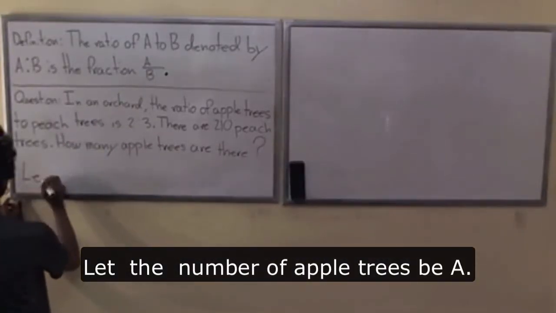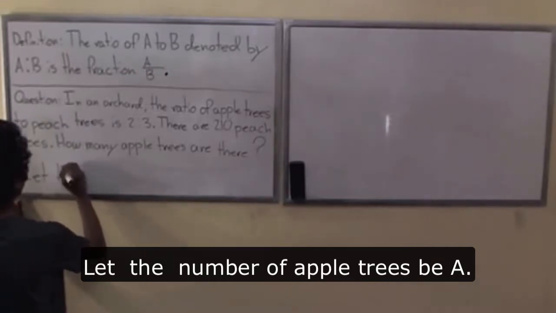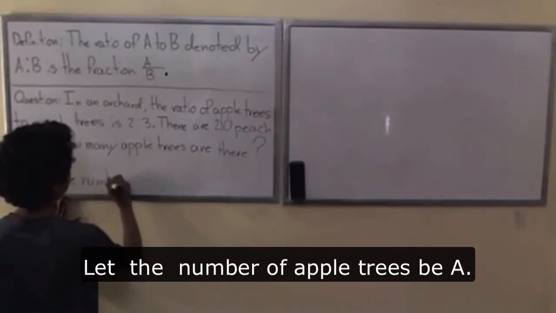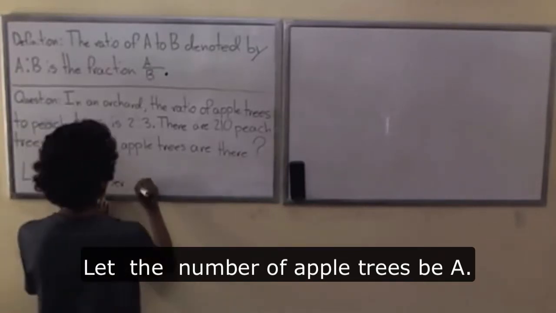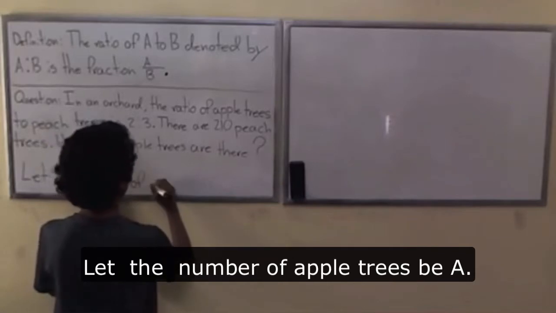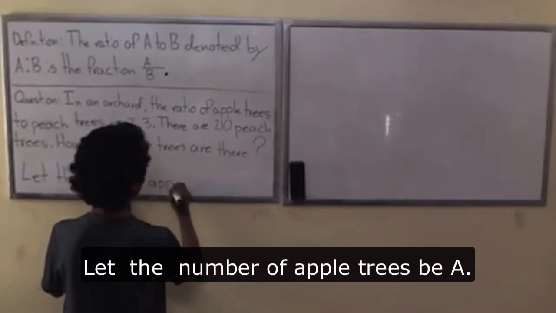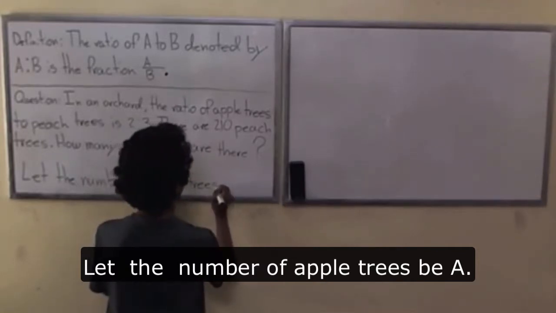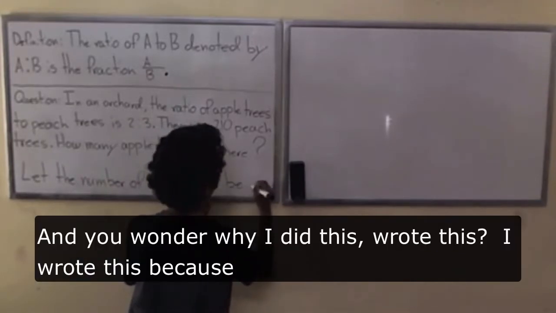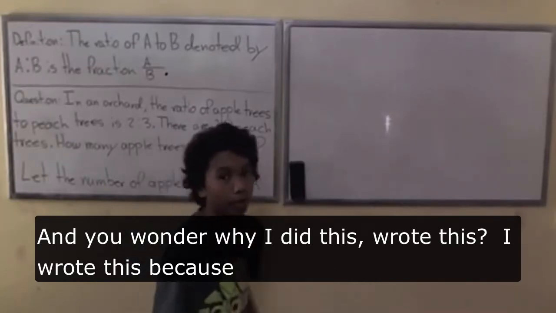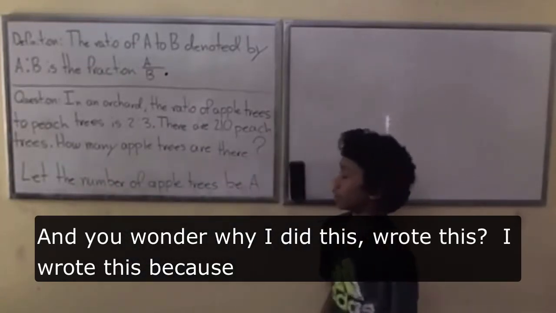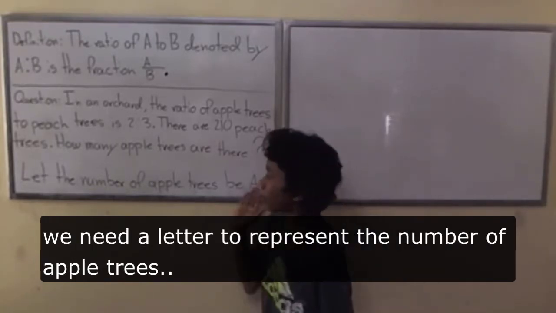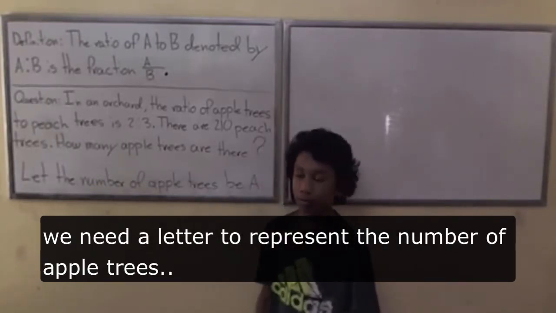Let the number of apple trees be A. And you wonder why I wrote this. I wrote this because we need a letter to represent the number of apple trees.